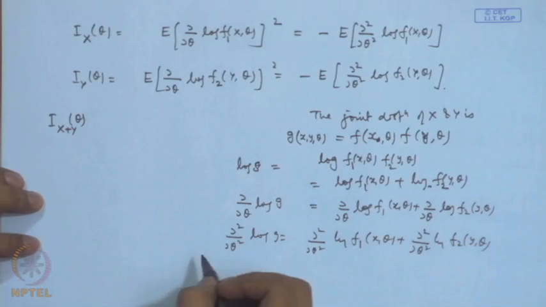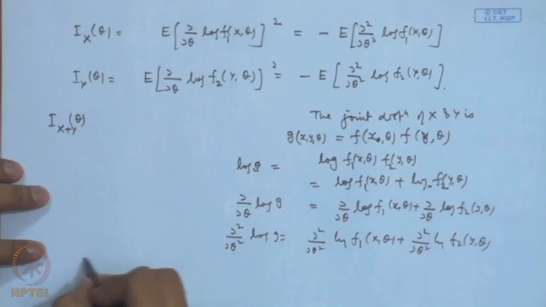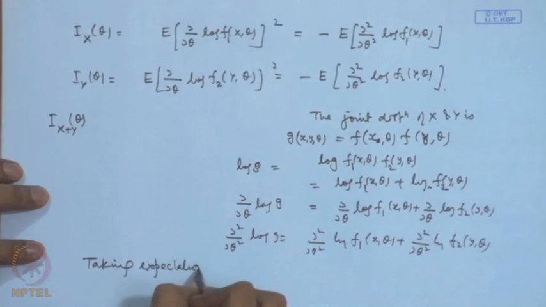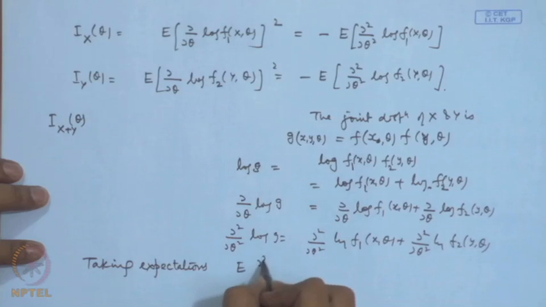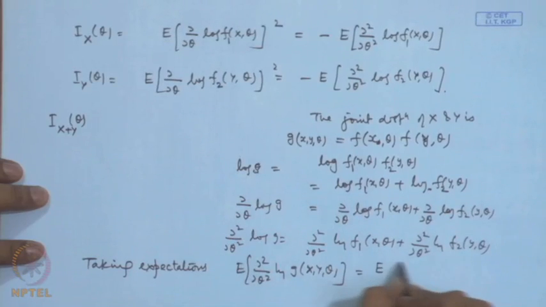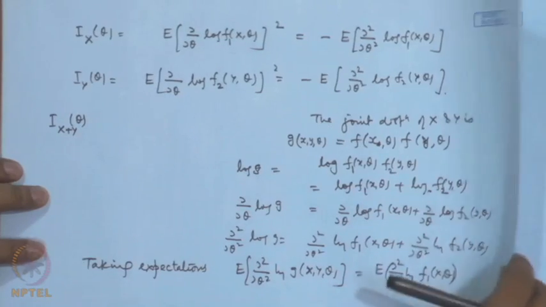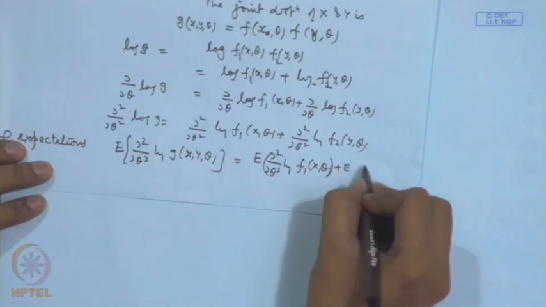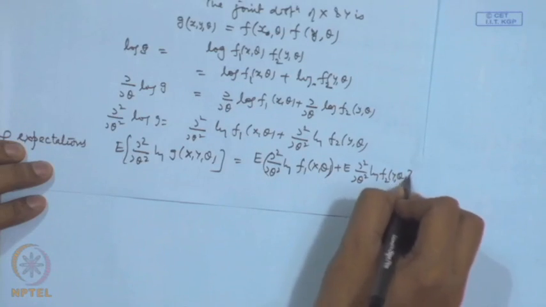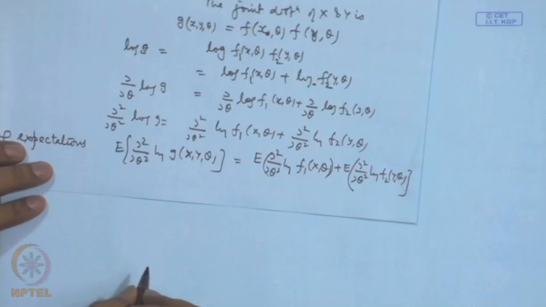So, if I take expectations here, we get the expectation of del 2 by del theta 2 log g(x, y; theta) is equal to the expectation of del 2 by del theta 2 log f1(x; theta) plus the expectation of del 2 by del theta 2 log f2(y; theta).